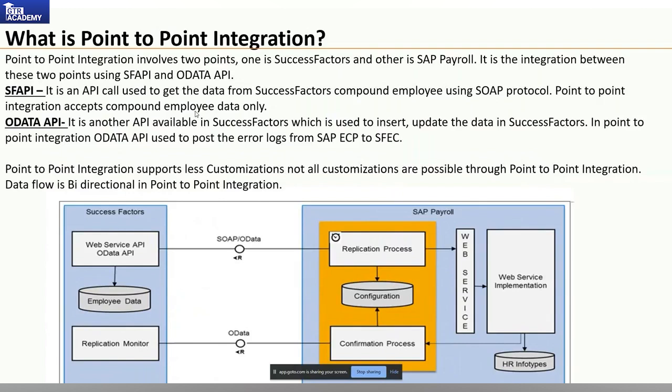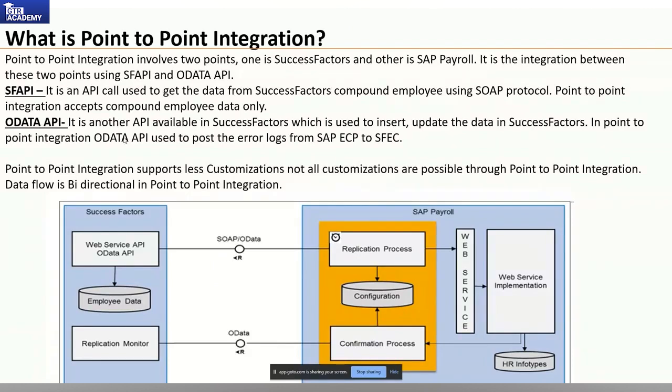This updated data will come from Employee Central through SF APIs. Now, after processing the payroll, you will be pushing the data, like payroll results, to Employee Central through OData APIs.